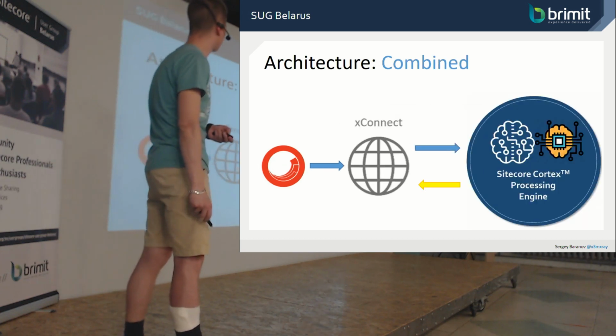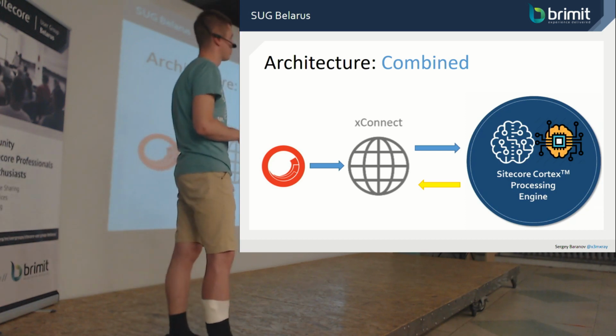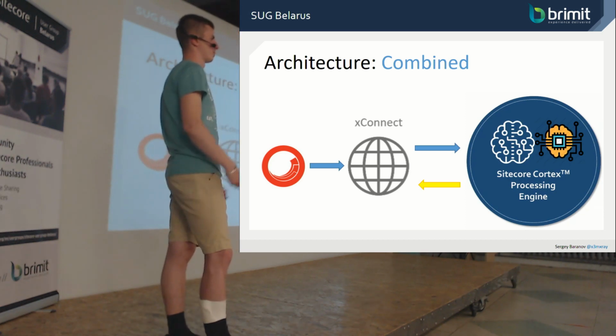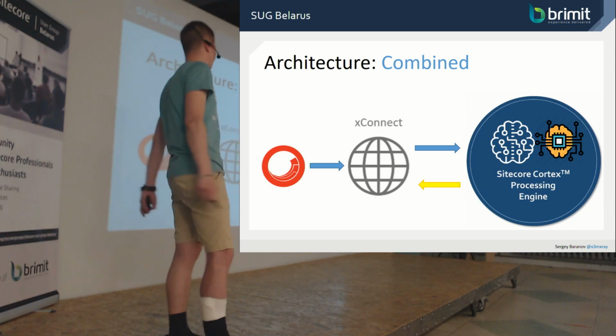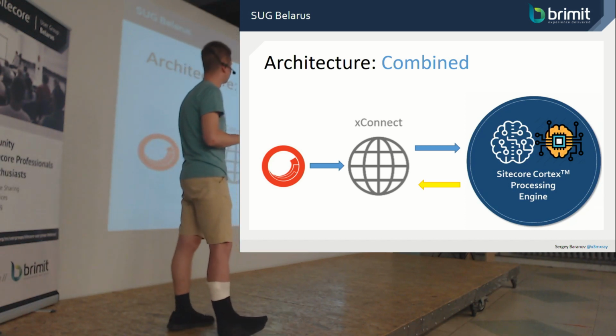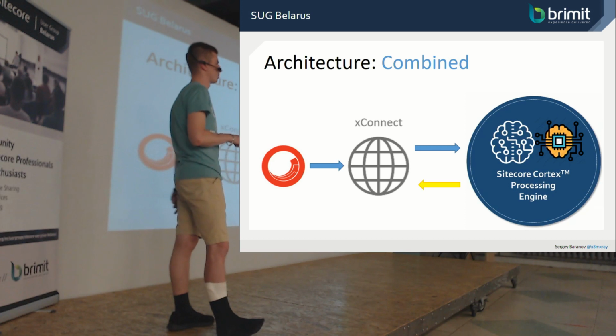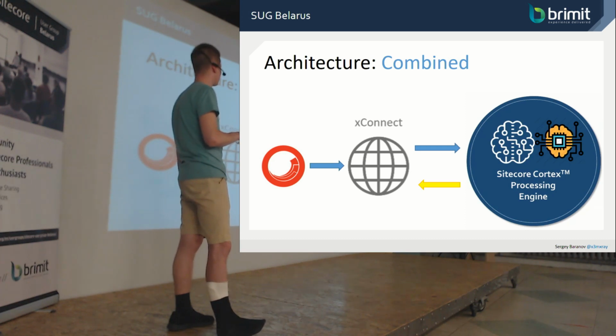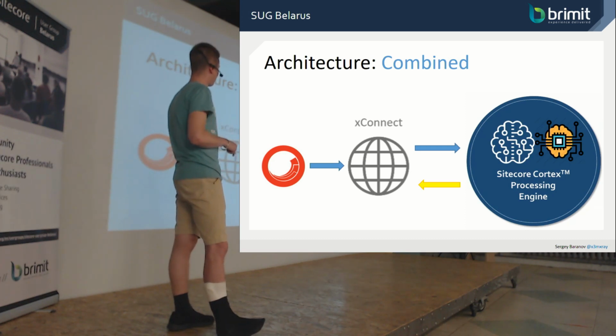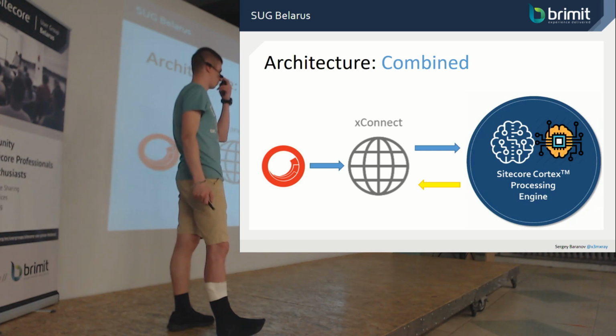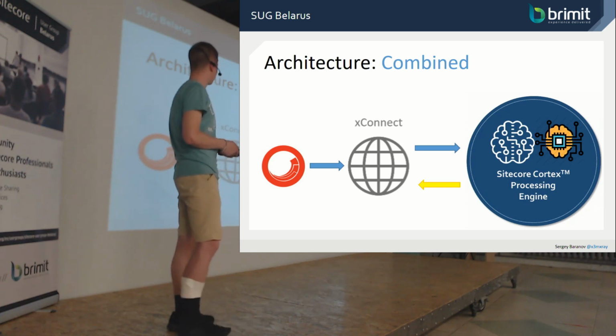And the second one is a combined architecture. If you don't want to use an external application for machine learning, you can implement your machine learning logic directly inside processing engine. And processing engine, as you know, is a .NET Core based application that works like a processing engine or indexer.